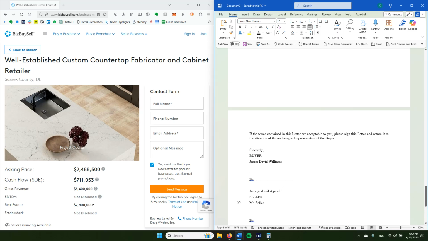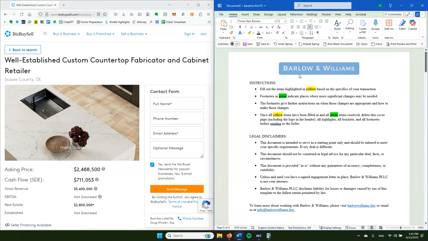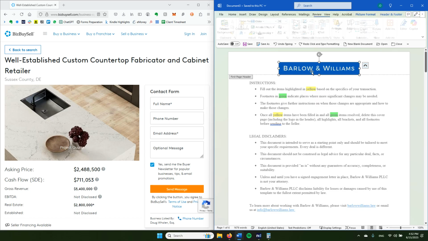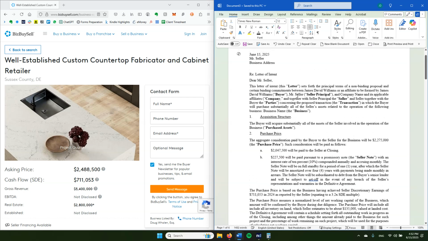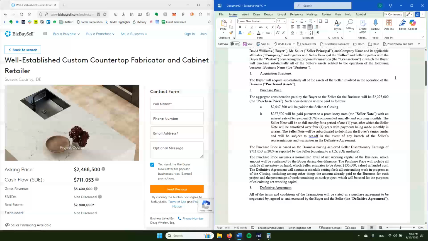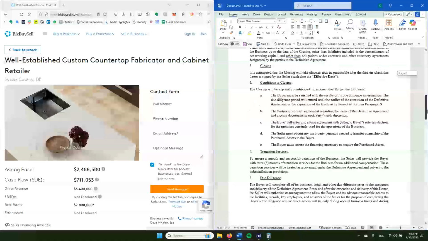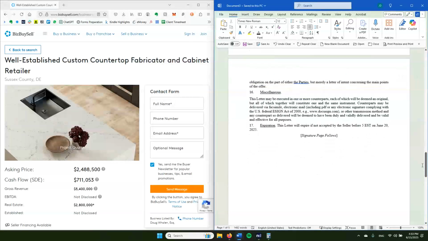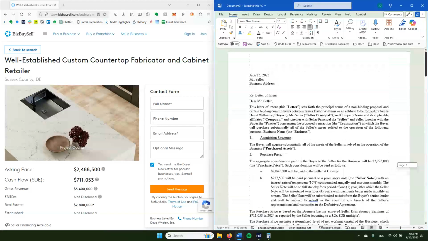All right, and then I would sign this and it would be ready to send. So then the last thing we do is we come in and delete this first page. And boom, there you go. So what started as kind of a weird looking document is now 3.5 pages plus a signature page for an LOI. So there you go.